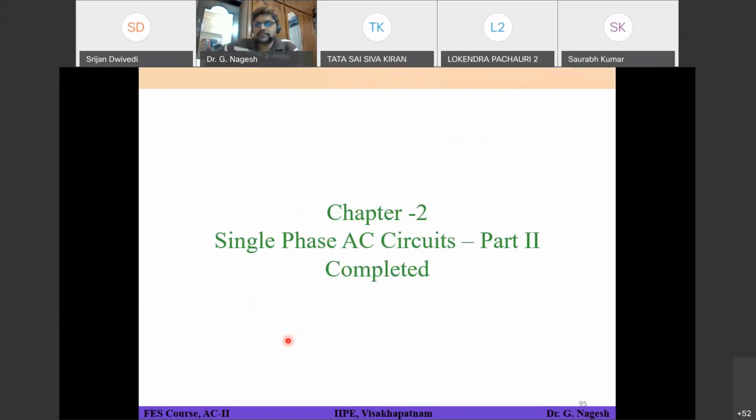So that's it for chapter 2. Chapter 2 will be concluded with today's class. We have seen complete AC circuits, different types of powers, what the RMS value is, and Thevenin's theorem and Norton's theorem. All these theorems are applicable similar to DC circuits. So that's it for today.